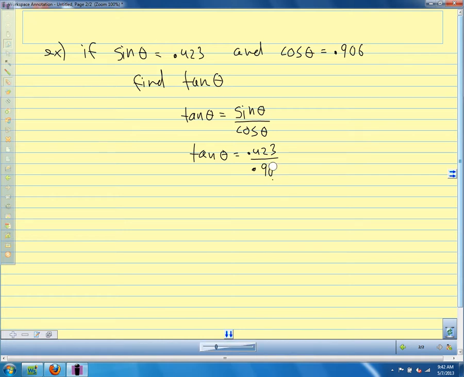And I plug that in my calculator. And I get 0.4667 or 0.467. So the tangent of the angle is the sine of the angle divided by the cosine of the angle. And that's true for any angle.